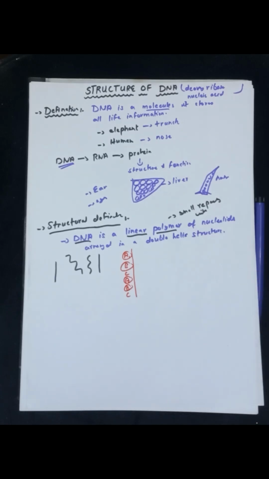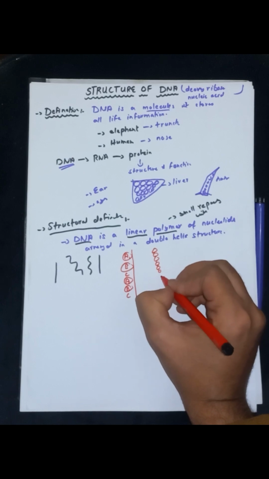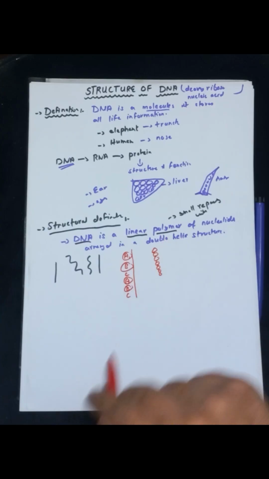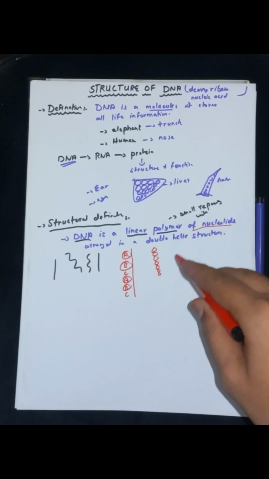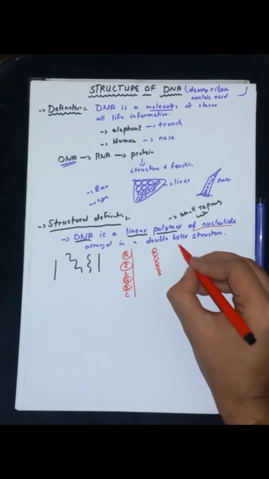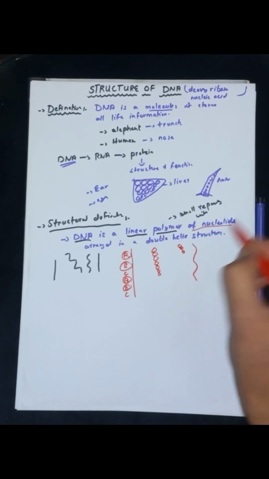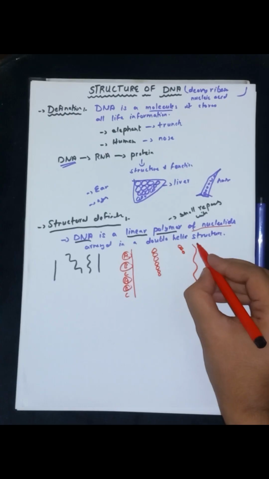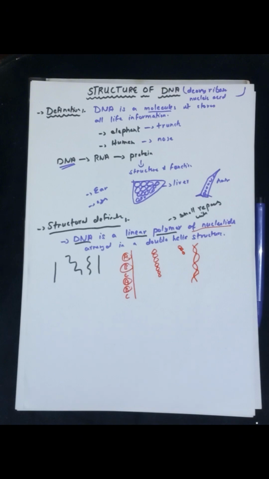So what is it in DNA? There are some units which are repeating again and forming a linear pattern. Okay, what polymers are these? Nucleotides. So these nucleotides in DNA are arranged linearly, and how are they arranged? They are in a double helix structure. Like this is a line. Let's make it simpler. This is a line in DNA, but double helix means another same strand of DNA is there, just like this, and it is forming this type of shape.